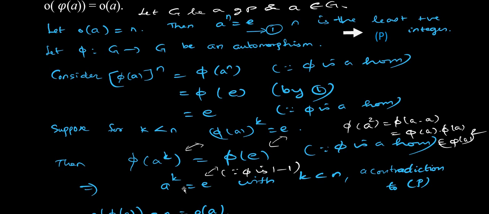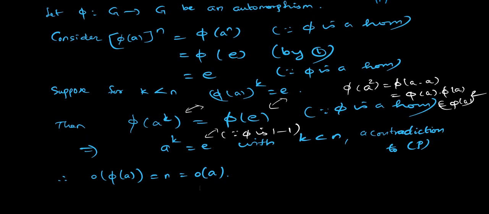But A power k is E with k less than n. That's our assumption here. So that's a contradiction to statement P, because we have said that n is the least positive integer for which A power n equals E. That is, you cannot find any number less than n which can satisfy this equation.